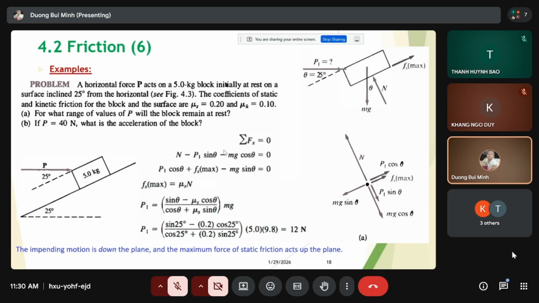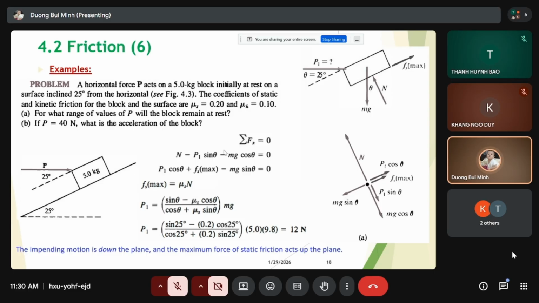Here you move to here, so we can get B1 times cosine theta plus mu s sine theta, equal to mg sine theta minus mu s mg cosine theta.